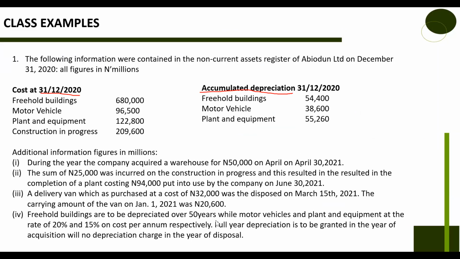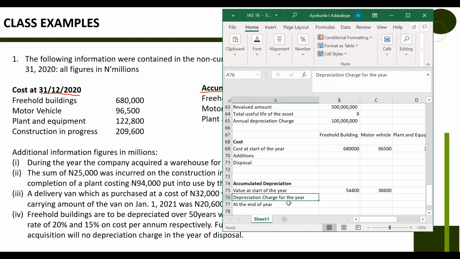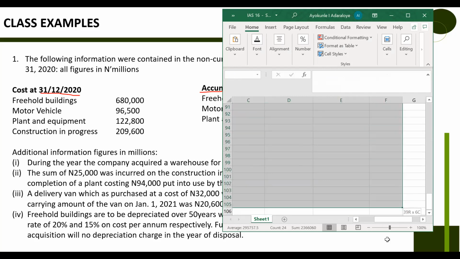After freehold building, where will I put it? Is it under addition or disposal or depreciation charge for the year or at the end of the year? Which one will it be? It will be under addition. Thank you. That's what I want to hear.